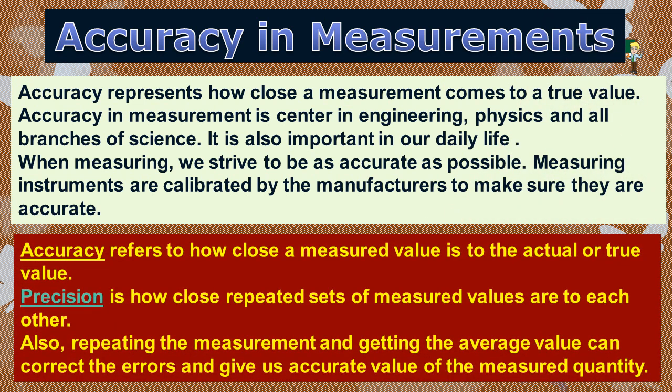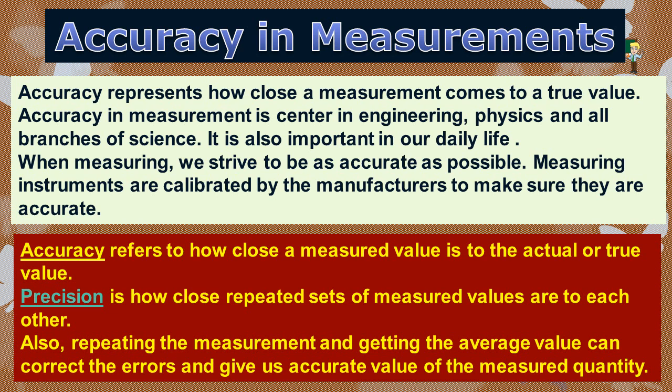Accuracy refers to how close a measured value is to the actual value or true value. Then what do you mean by precision? Precision is how close repeated sets of measured values are to each other.